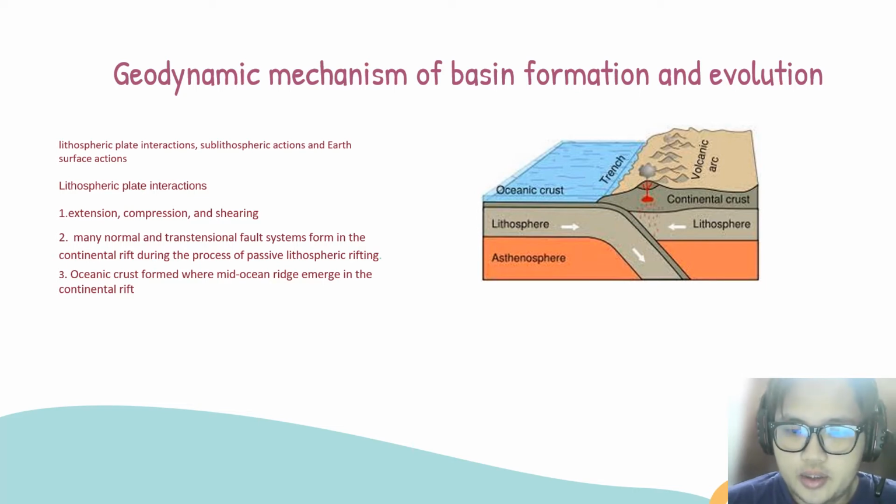Plate interaction is mainly related to extension, compression, and shearing. Generally, many normal and transtensional fault systems form in the continental rift during the process of passive lithospheric rifting. Oceanic crust forms where the mid-ocean ridge emerges in the continental rift.